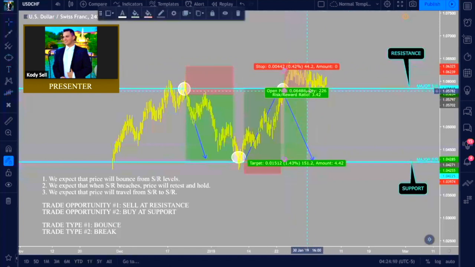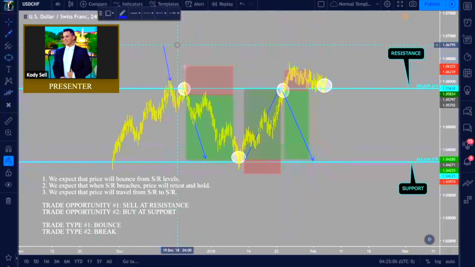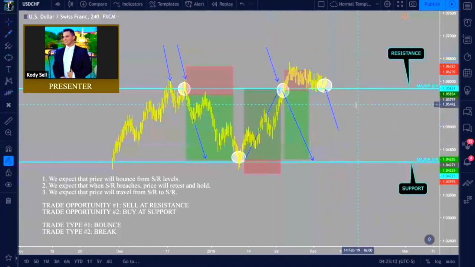We've lost this trade, but now we have to ask ourselves the same question that we always ask ourselves, regardless of where we're at. Are we at resistance or support now? Well, we were at resistance, but now we're at what? We're at support.